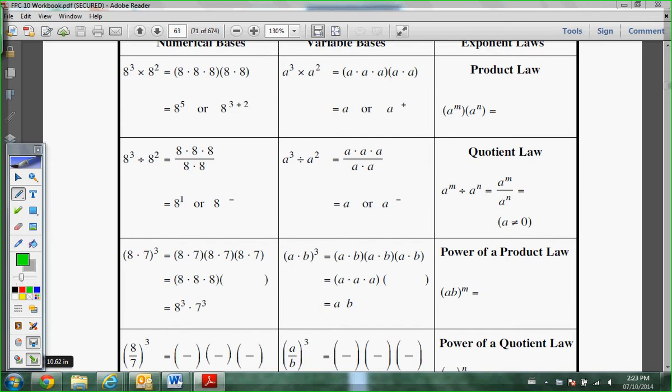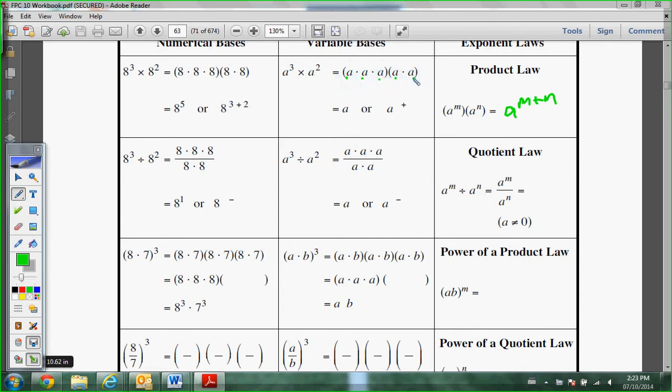Okay? So then all we do here is we add the exponents. So the rule is a to the m plus n. Okay? A to the m plus n. Again, that's because we have 5 of them. 1, 2, 3, 4, 5. We add them all up.